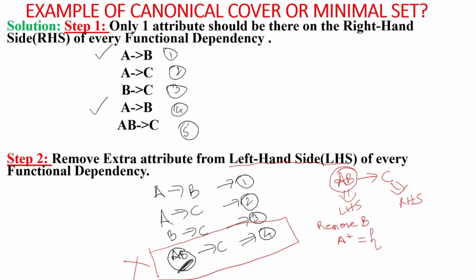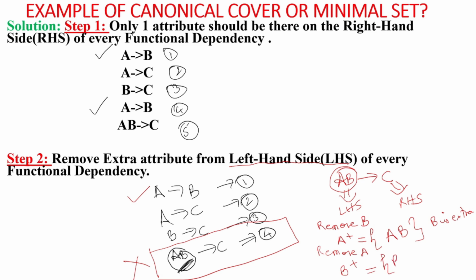Others you consider. So A tends to B. A is determining B. That means B is dependent on A from FD number 1. So A will come in A's closure, every attribute comes in its own closure, and B will also come. So B is coming in A's closure even after removing B from here. B is extra. Now we'll remove A and find B's closure only, and see if A is coming.